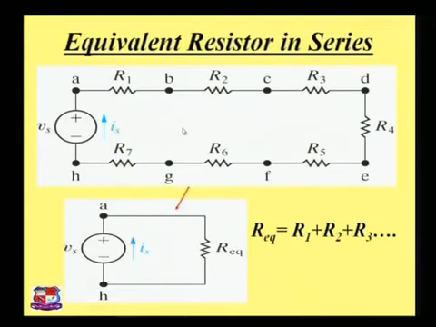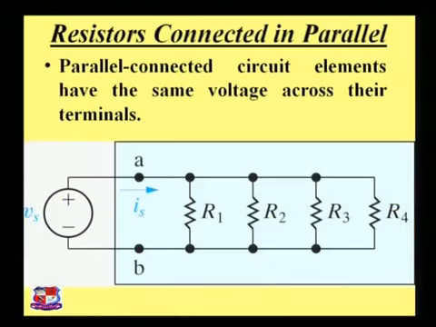Now the equivalent circuit of that one is, we can replace all the resistors with the equivalent resistor. So ultimately the value of R equals R1 plus R2 plus R3 up to the resistance R7. So this is the important equation if we connect resistors in series form.